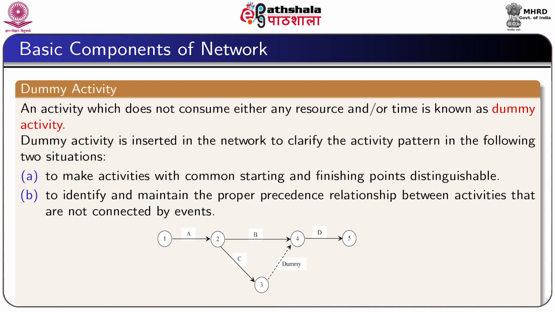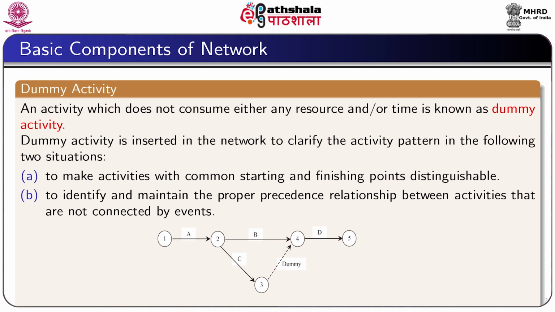Let us consider an example. In the diagram shown in the slide, the activities B and C can occur when the activity A is completed. So, B and C activities are independent to occur as soon as the activity A is completed.